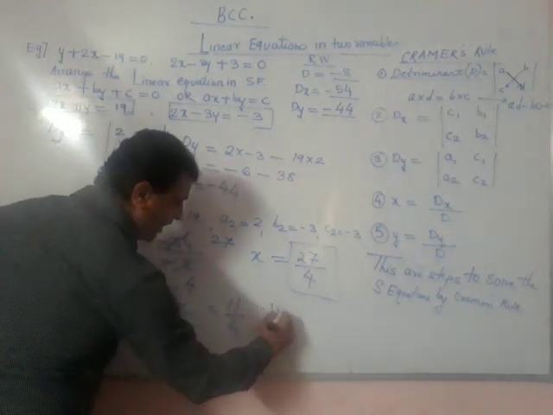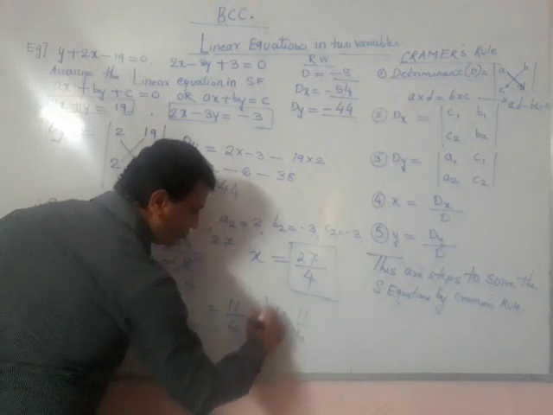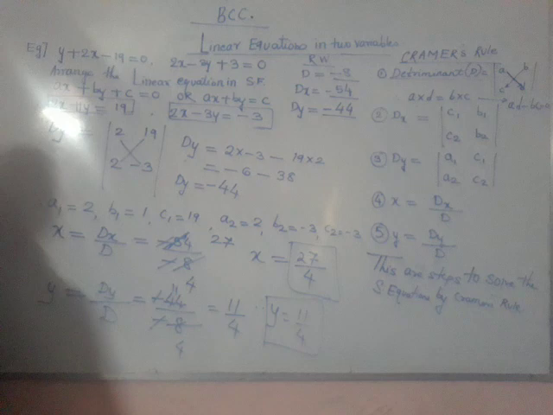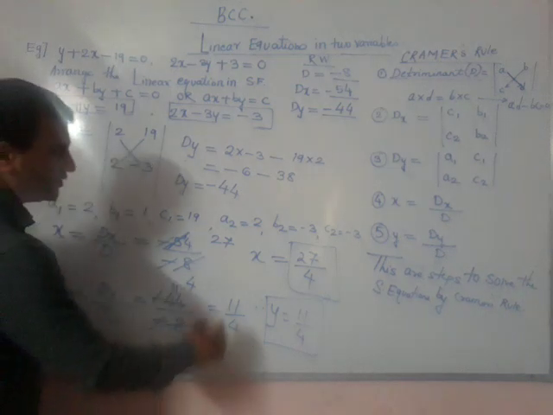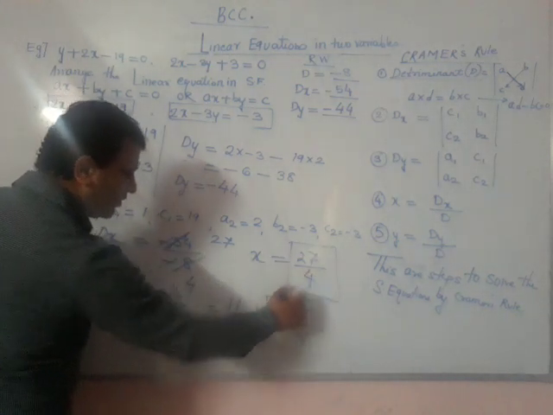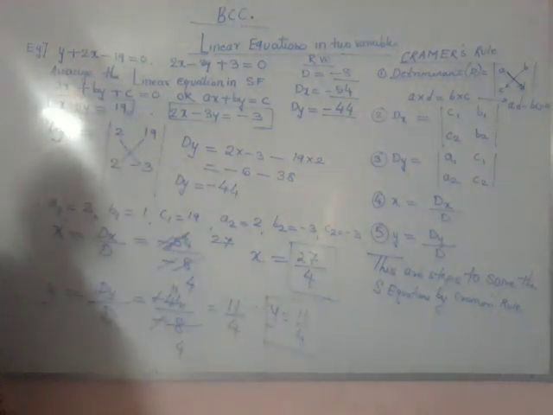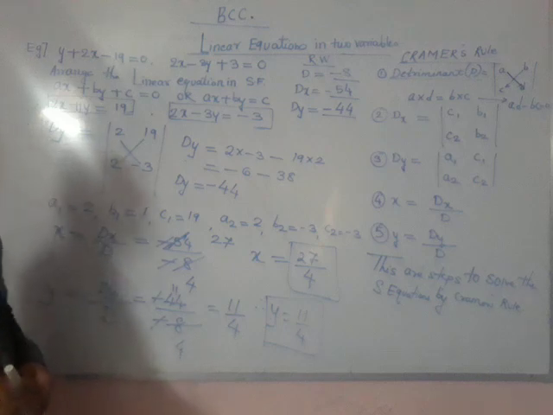That means your y is equals to 11 upon 4. So you got here the solutions of linear equations by Cramer's rule. X is 27 upon 4 and y is 11 upon 4. Please look carefully, and I hope you are copying in your own book also.